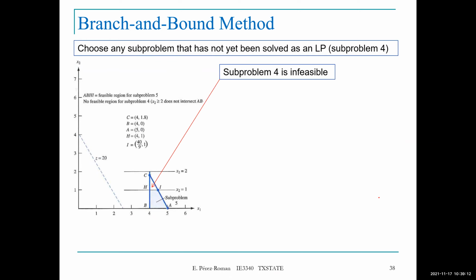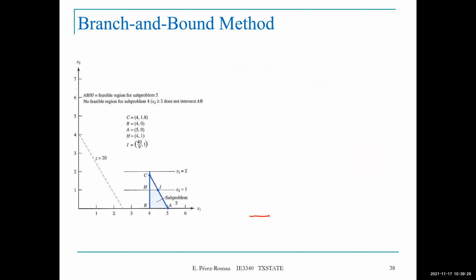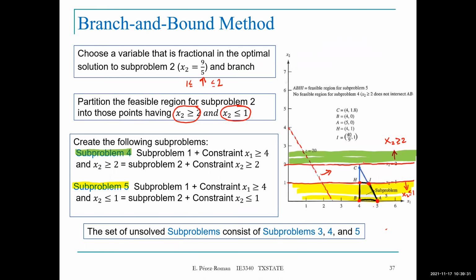So we see that subproblem 4 is infeasible, right? Because x2 is greater or equal to 2. So there's no feasible area there. So we can mark that as infeasible. That's what we are doing here, right? And it is because of this that I show you here. That constraint is not touching any feasible area. So the solution is not existent.